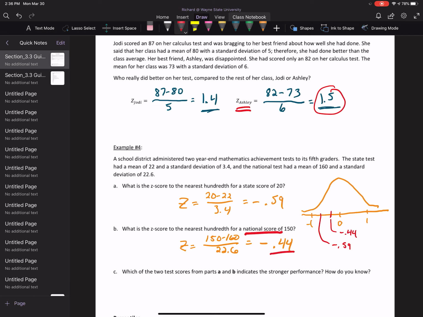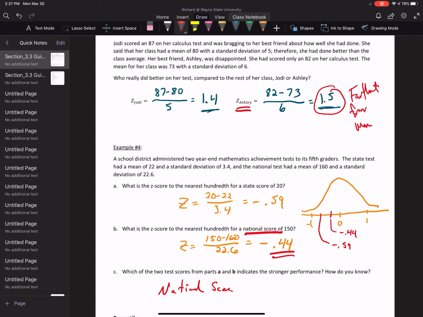That one is closer to the mean with negative 0.44. So in fact, the better score here is the national one. And the reason, again, is when we've got negative z-scores, in the context of a test, what I want is the one that's closest to the mean. Now, that was different when they were both positive. Remember, when they were both positive, we wanted the one that was farthest from the mean.